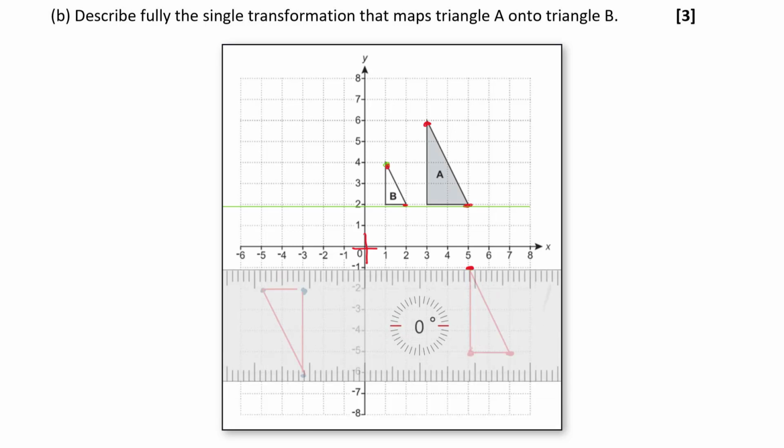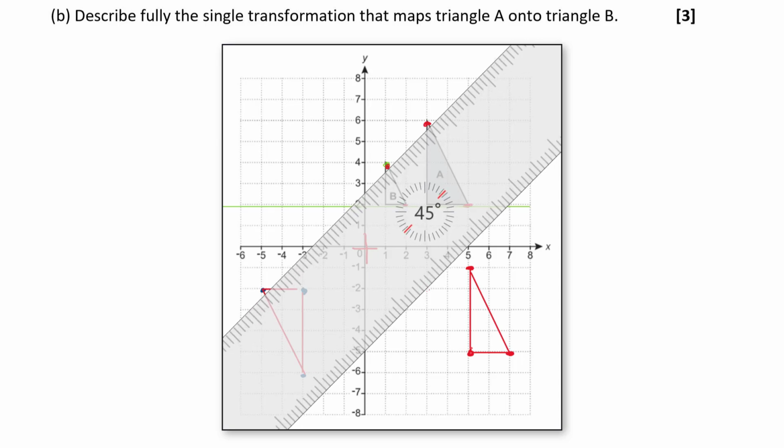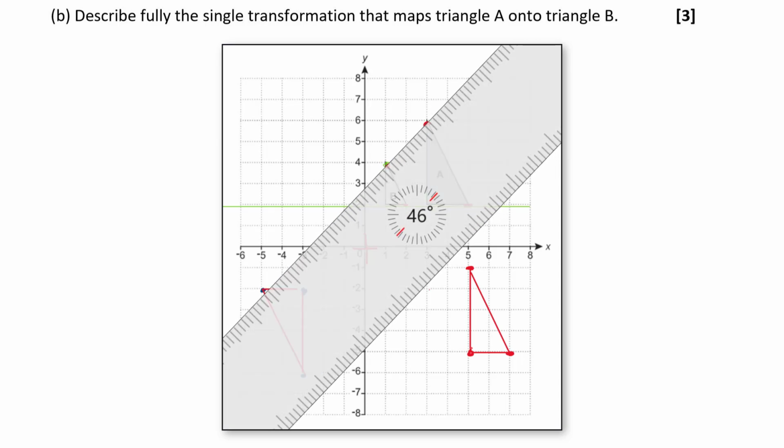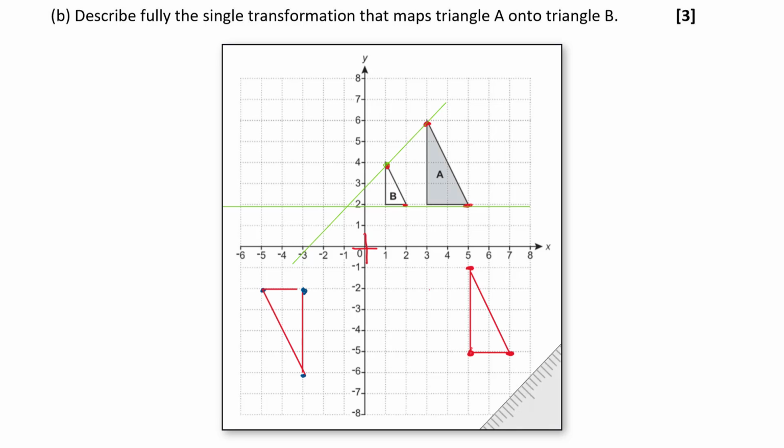So I can put another ray line through those 2 points, and you should find that your ray lines converge on a particular point, and that particular point is known as the center of enlargement. In this case, it's this point here, isn't it? And that is the point (-1, 2). Okay, so that's my center of enlargement.